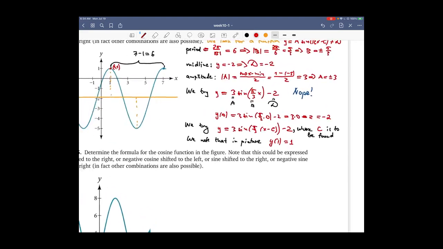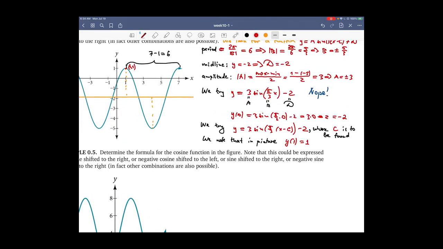So if we use that information, we should compute the value of y at 1, which is 3 sine pi over 3 times 1 minus c minus 2, and that is 1.